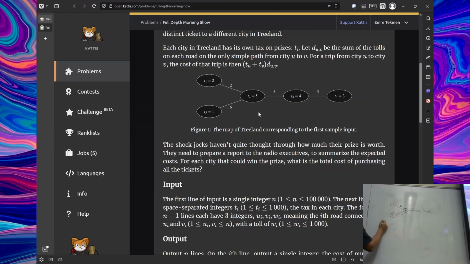Let's call it S of u, which is going to be equal to that sum that we mentioned: the sum of t_u d_uv plus the sum of t_v d_uv. Boom. And let's say it's of u. Okay.